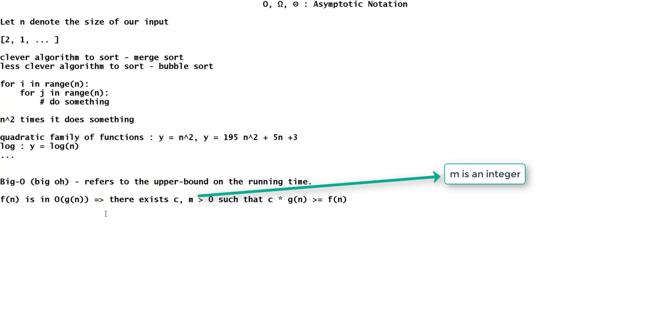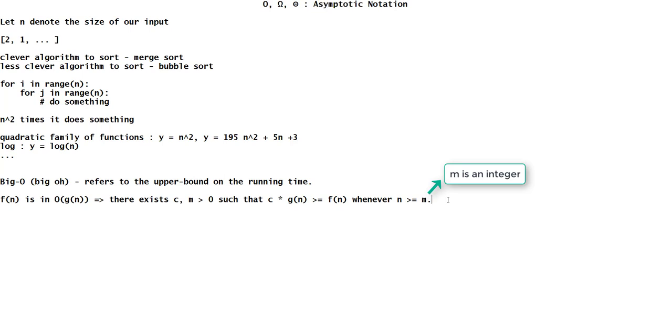But that need not always be the case, right? It's okay if f of n is larger than g of n times c at some point, but eventually this will be the case. So this is whenever we have that n is greater or equal than m, right? So this is asymptotic behavior right here.